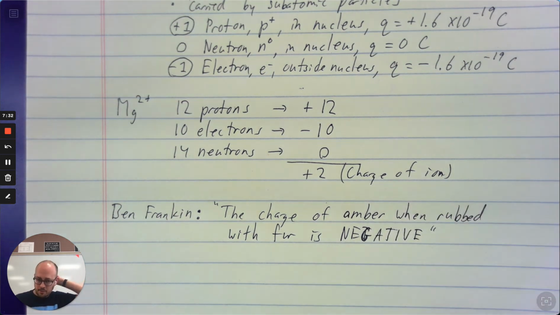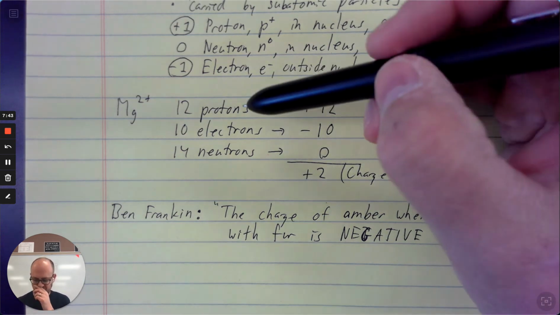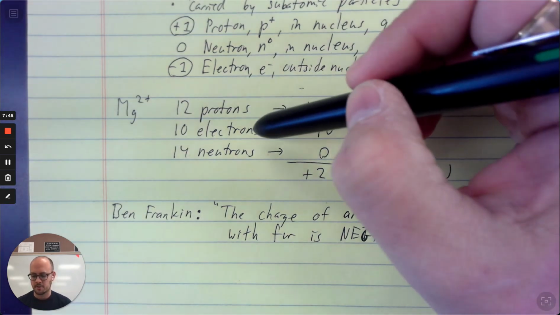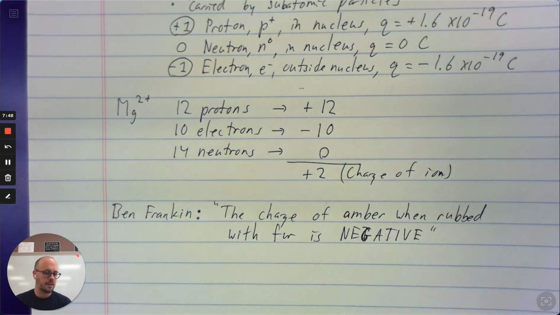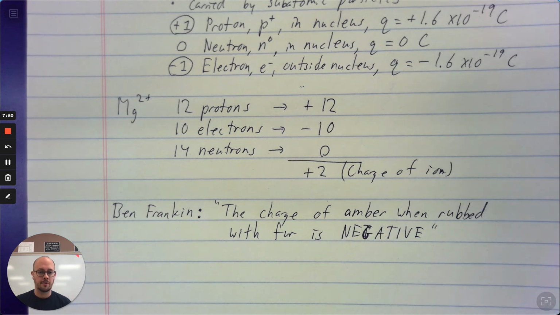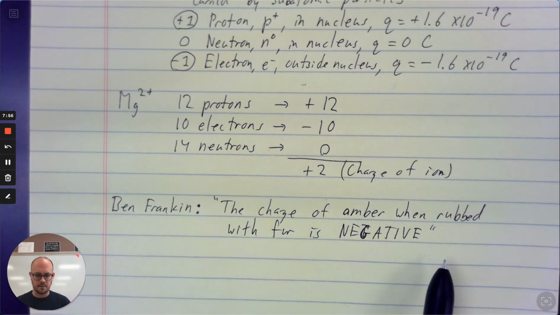And that was not a statement of scientific fact. That was actually a decision. Because in this universe, if we didn't study the fact that protons are positive and electrons are negative, we are actually never able to tell. There's no reference charge that we all know and can agree upon that is positive or negative. So Ben Franklin made this decision.